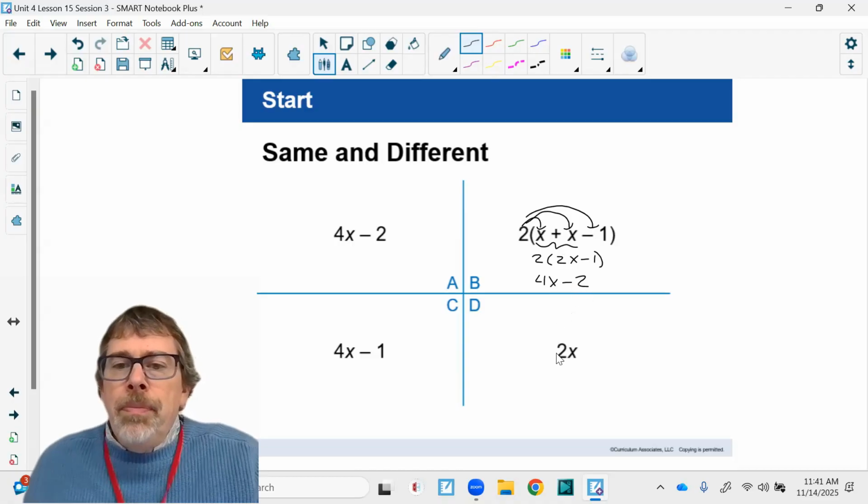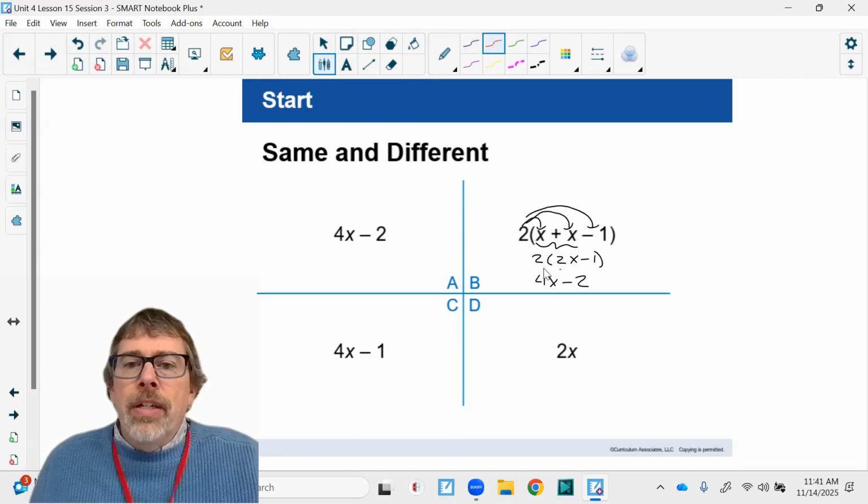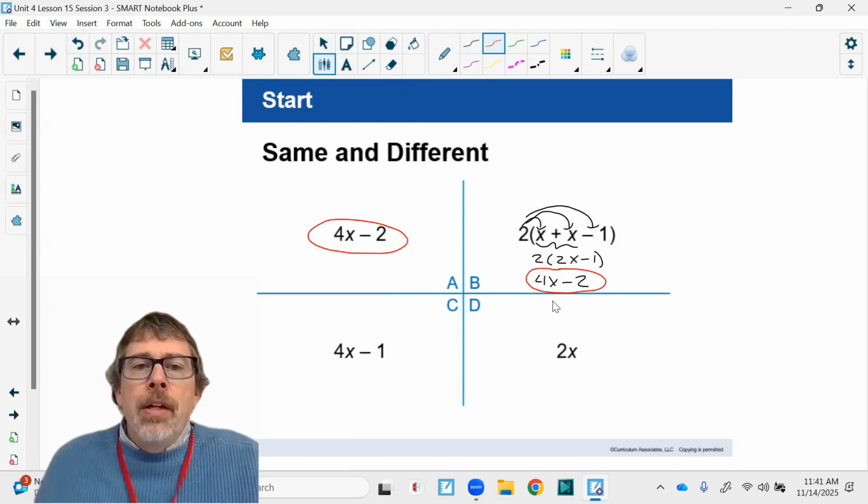And then this is down here just as 2x. So one way we could look at this is B and A are equivalent. B, A, and C are binomials, where D is a monomial, one term. Okay, so those are the differences and the similarities.